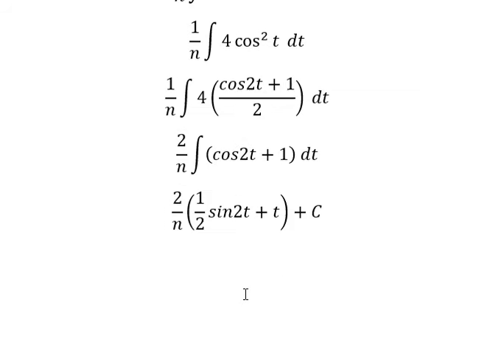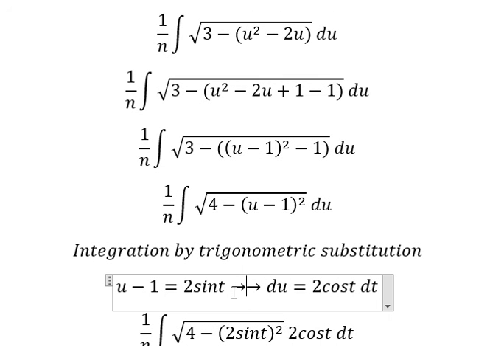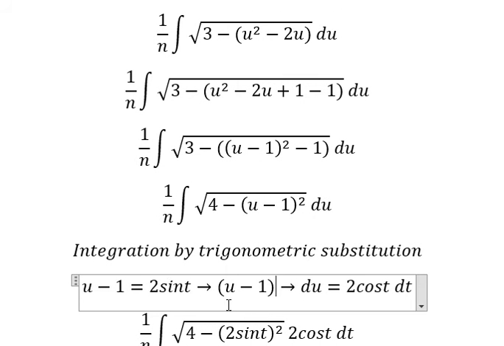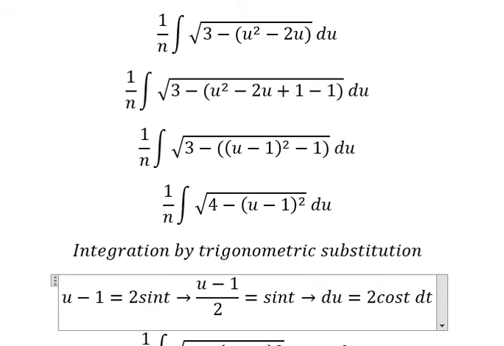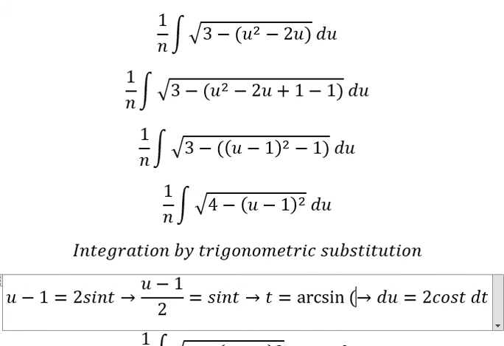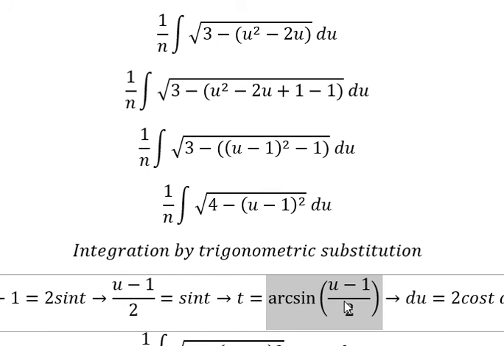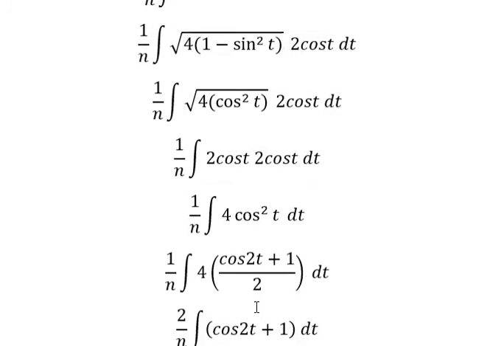About t, we need to return back to this one. So we divide both sides by number 2. And we got t equal to arcsine of this one. So we put this one to replace t.